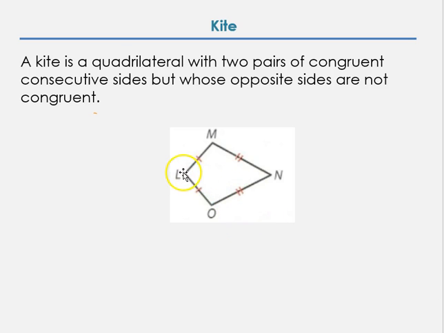This is what creates this kite-type shape. Take a careful look at the congruency marks here and note that opposite sides will not be congruent in the kite.